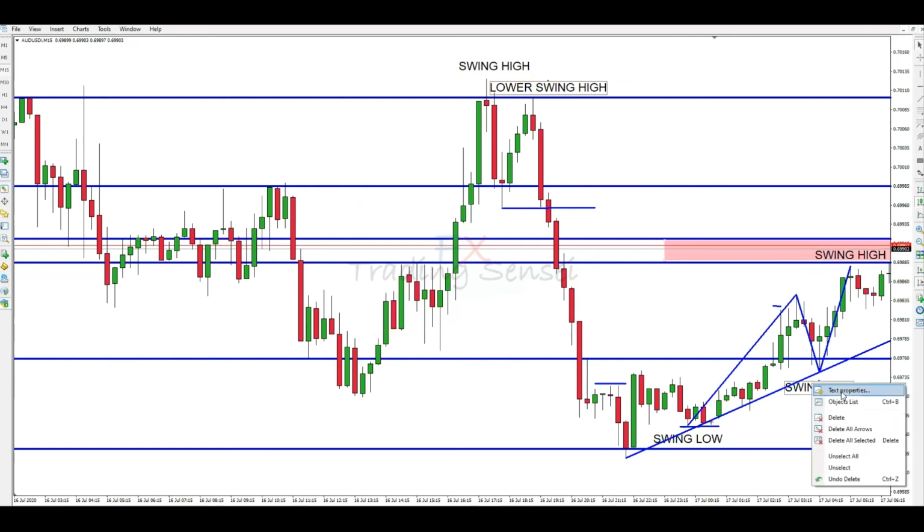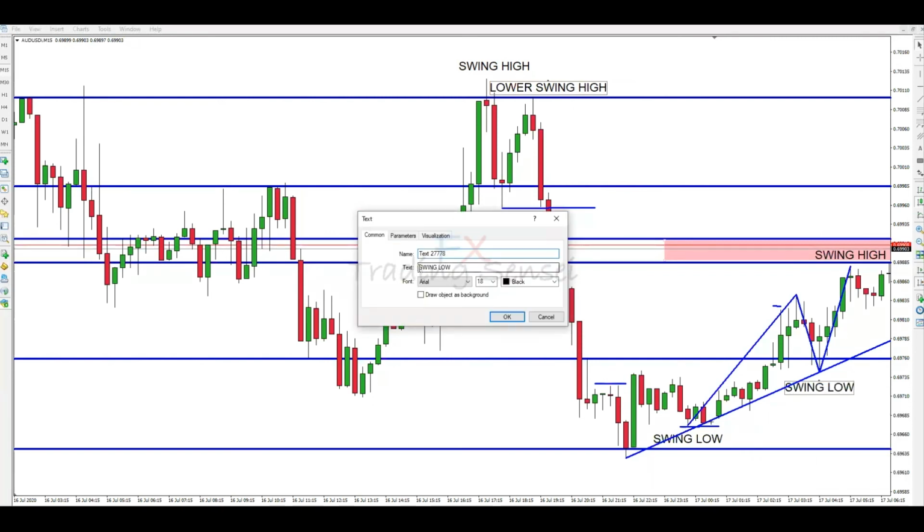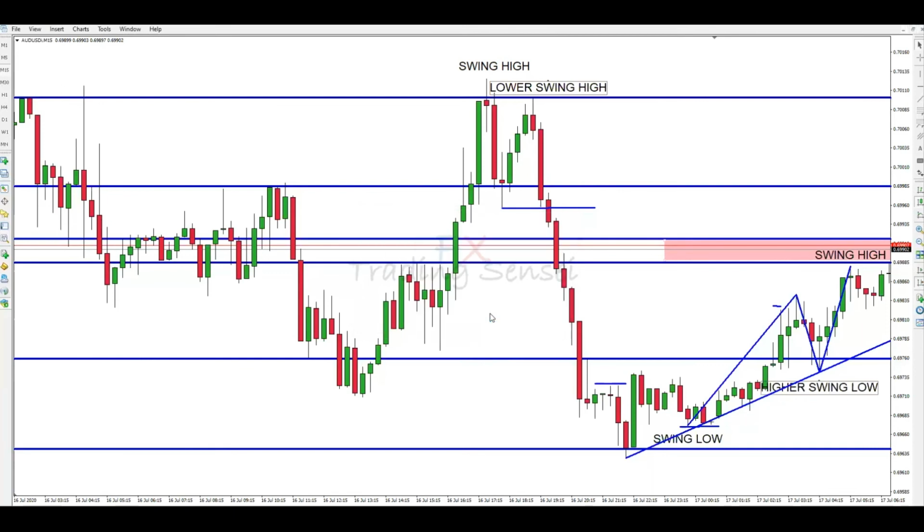So let me just mark that in, just for clarity's sake. So this would be a higher swing low. And of course, we have swing highs and then higher swing highs. So this would be a swing high. This would be a swing low. So we can mark that in. And this became an official swing low when price broke here.